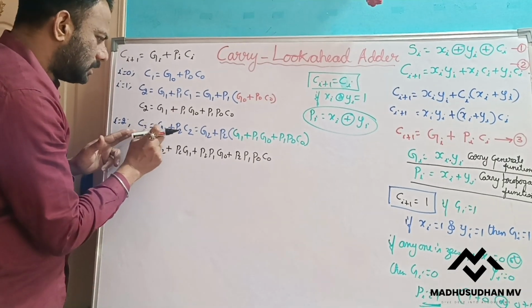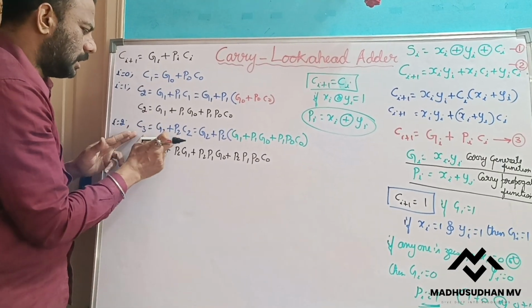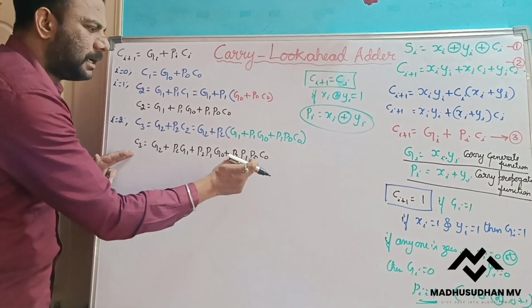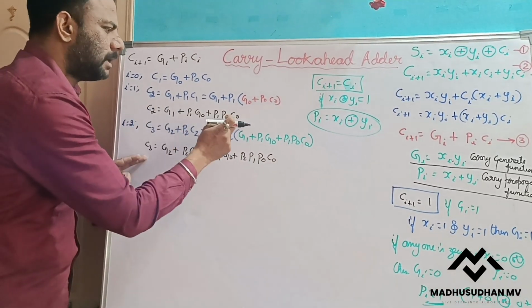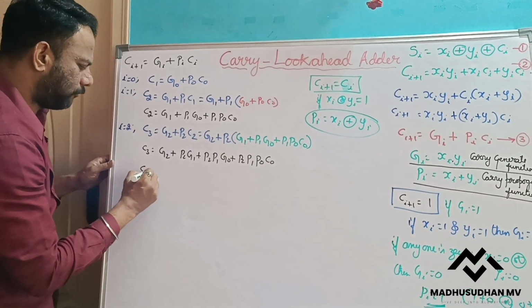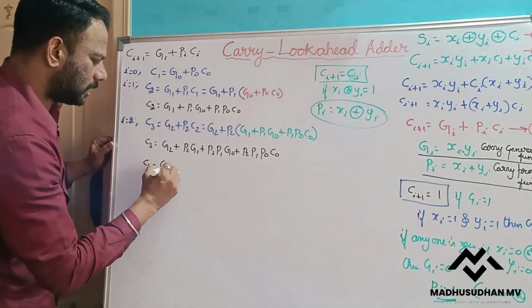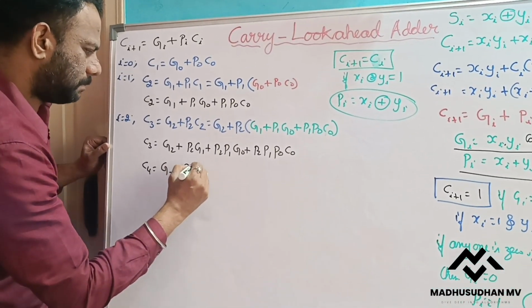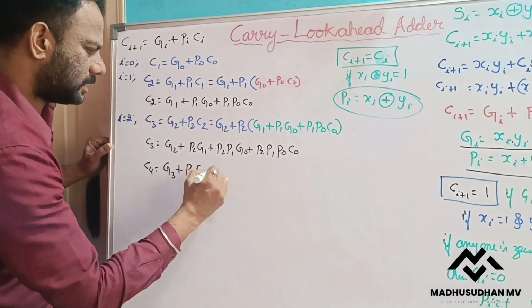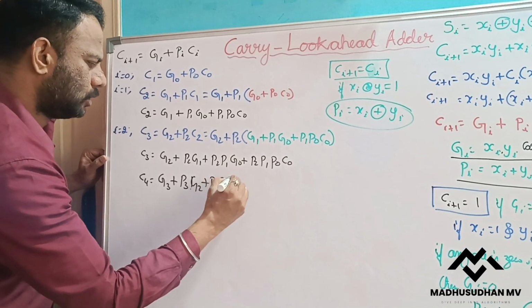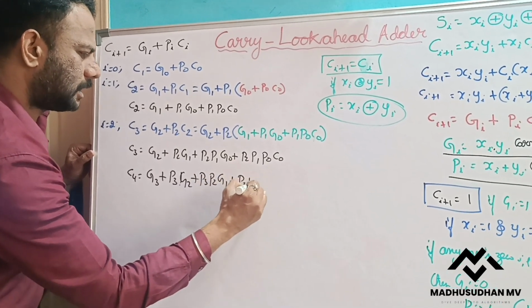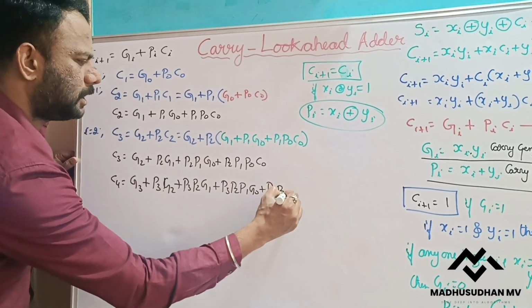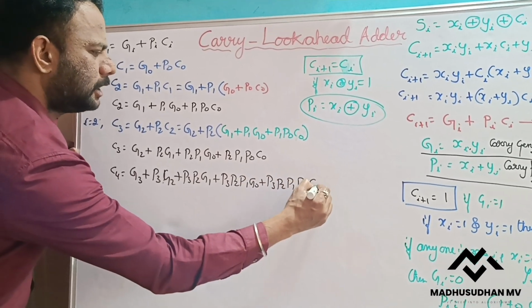C3 is depending only on C0. Earlier, according to the ripple carry adder, C3 was depending on C2. That dependence has been eliminated. C3 is depending only on C0. C2 is also depending on C0. Similarly, if I write C4, this becomes G3 plus P3 G2 plus P3 P2 G1 plus P3 P2 P1 G0 plus P3 P2 P1 P0 into C0.